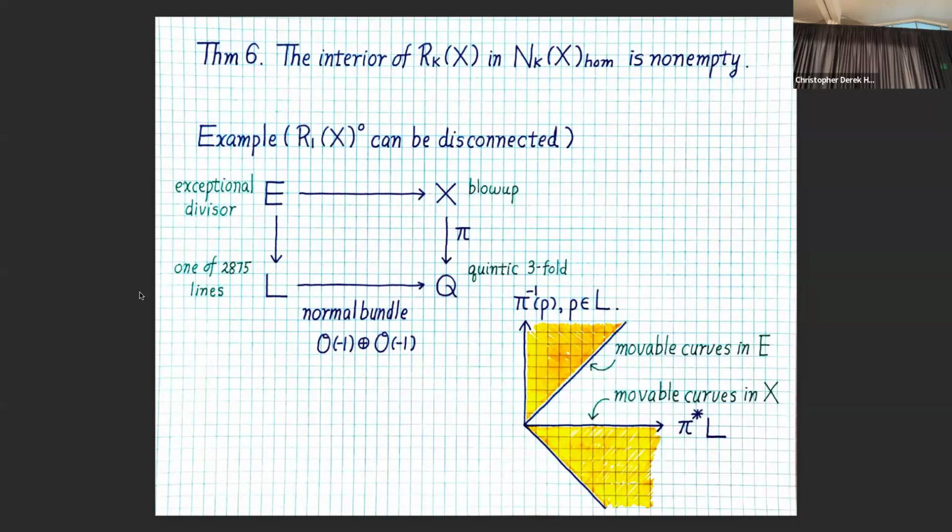On one side, you see the irreducible curves, actually movable curves, that are contained in the exceptional divisor. So they move around the exceptional divisor, but they can never escape it unless it decomposes into two or more irreducible components. And then you move around, and it can go into the other realm, where the two or more components can merge together and form another part of the realizable locus.